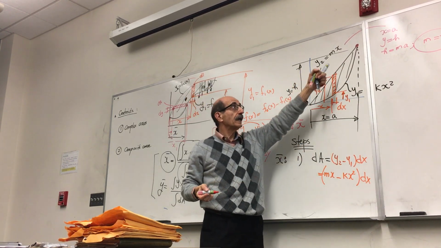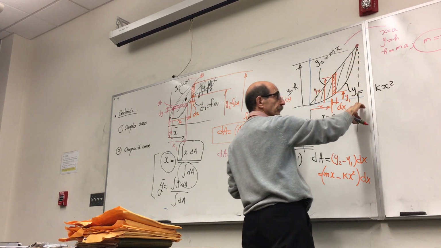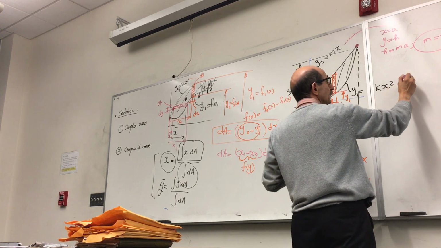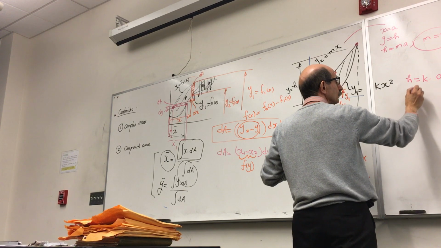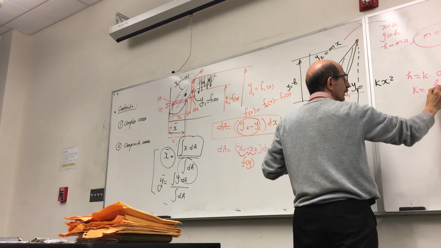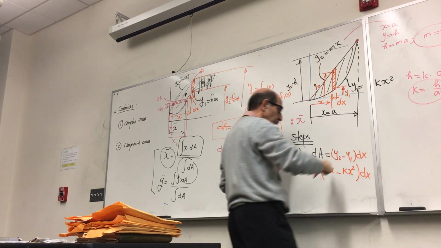If you substitute that point into this function, you get h is equal to k a squared, or k is h over a squared. So we have those values.